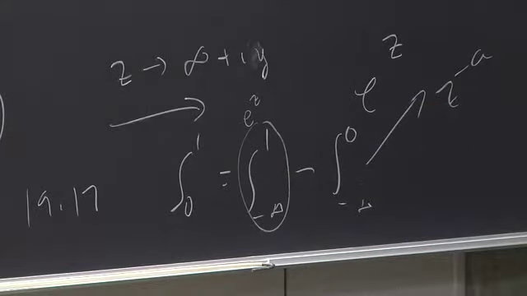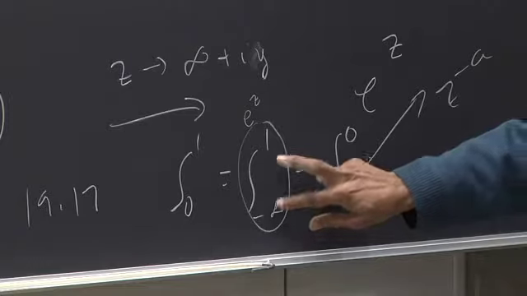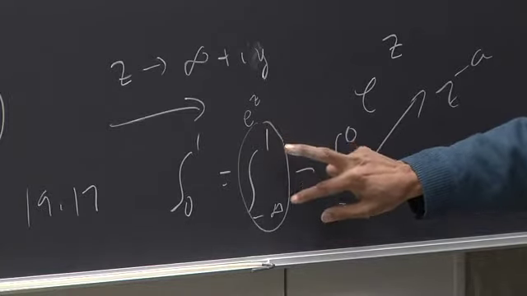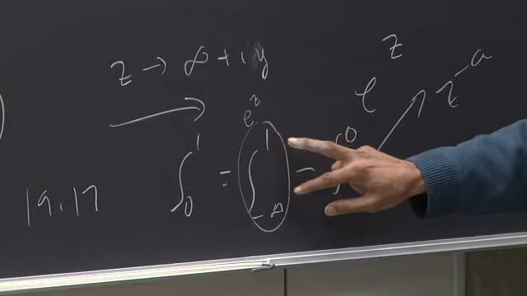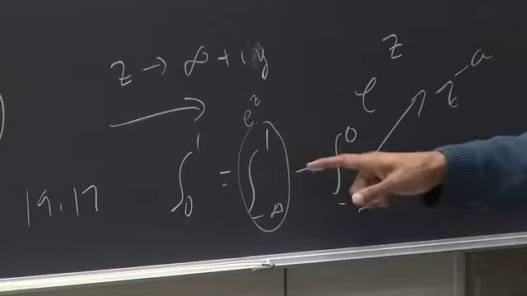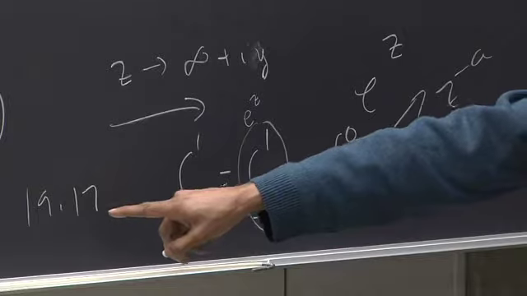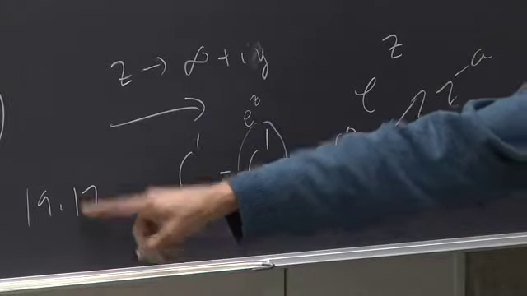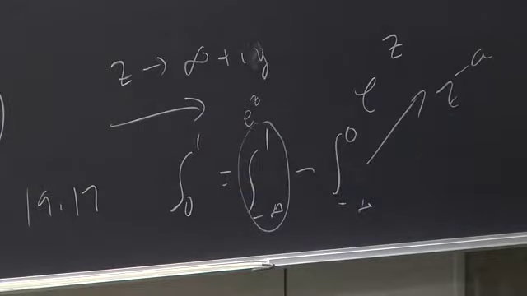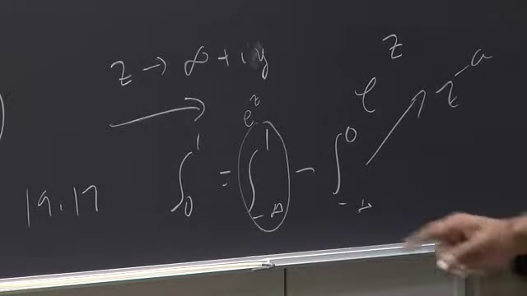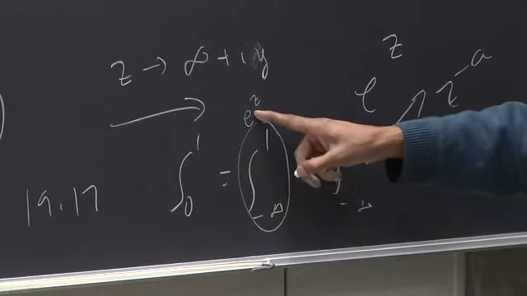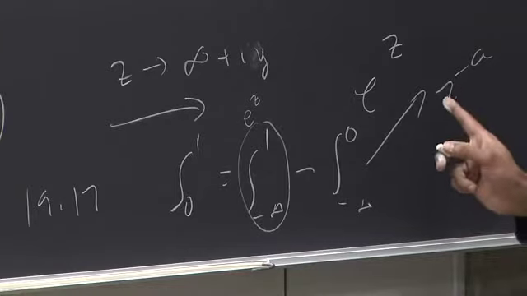Actually, it's not 19.17, it's the equation before 19.17, which has no number here. If you look at that integral, which is transformed to 19.17 by a change of variables, you find that one integral behaves like e to the z, but the other behaves like z to the minus a.